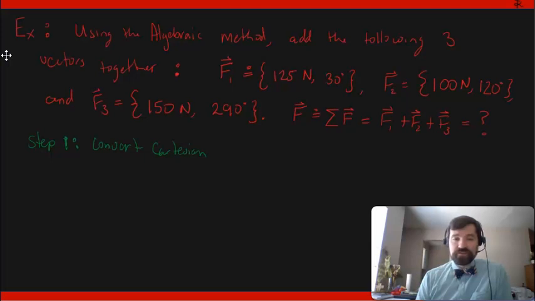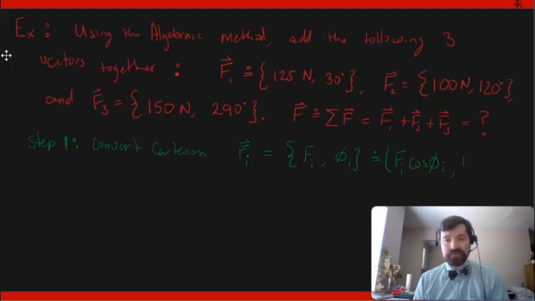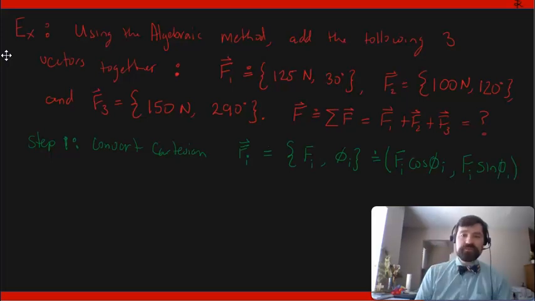So if each of these vectors, we could call it F sub i for individual, is represented by F_i, comma, phi_i or theta_i, then we are converting this into Cartesian using that magnitude F_i times the cosine of the angle, comma, F_i times the sine of the angle. So we're basically going to do this several times over.